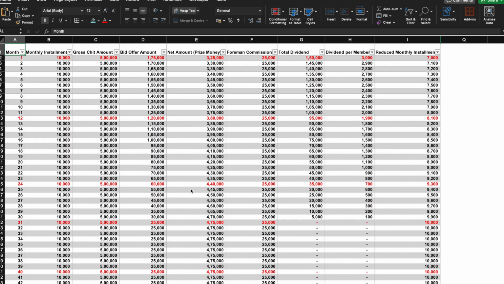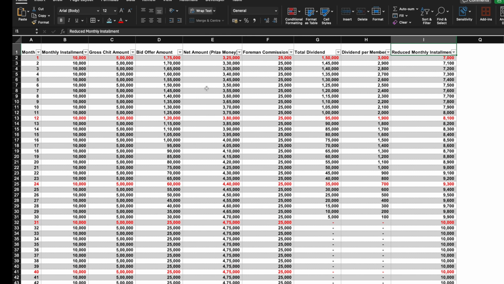So let us take the help of Excel to better understand this example. We have the columns here: month, monthly installment, gross chit fund, bid offer amount, net amount, which is the prize money, and we have foreman commission, the total dividend and dividend per member, and at the end the net dividend or the net subscription or installment you have to pay for the month after reduction of the dividend.